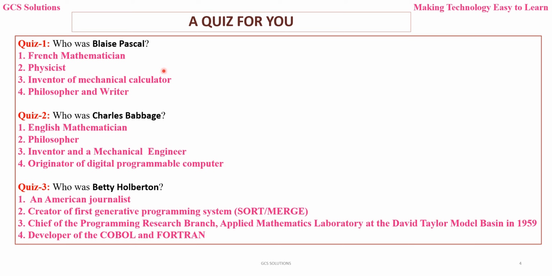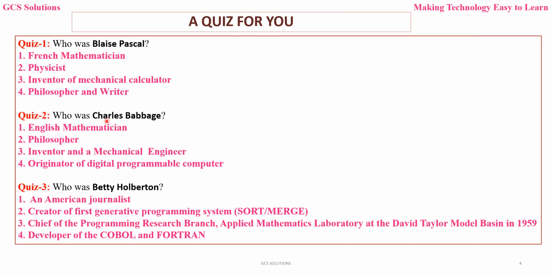The answer is all 4 options are correct. That means Blaise Pascal was a French mathematician. Do remember he was a mathematician, physicist, inventor of mechanical calculator. Imagine a person of a mathematics stream invents the calculator. Then philosopher and writer.